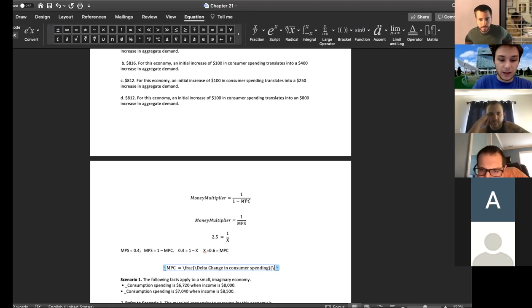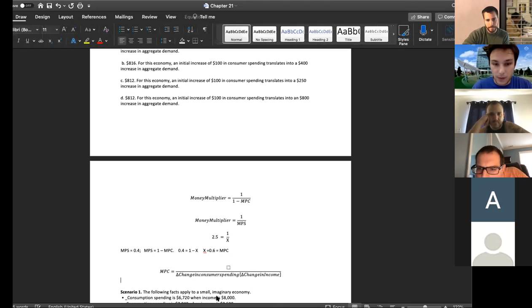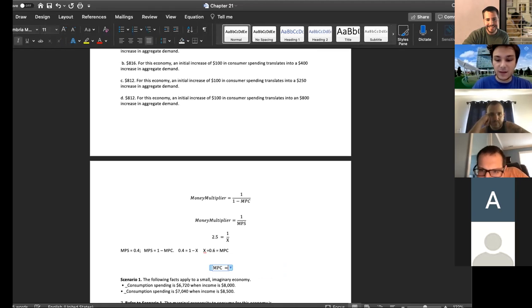I'll use delta, because delta denotes change in mathematics. So MPC is equal to change in consumer spending divided by change in income.